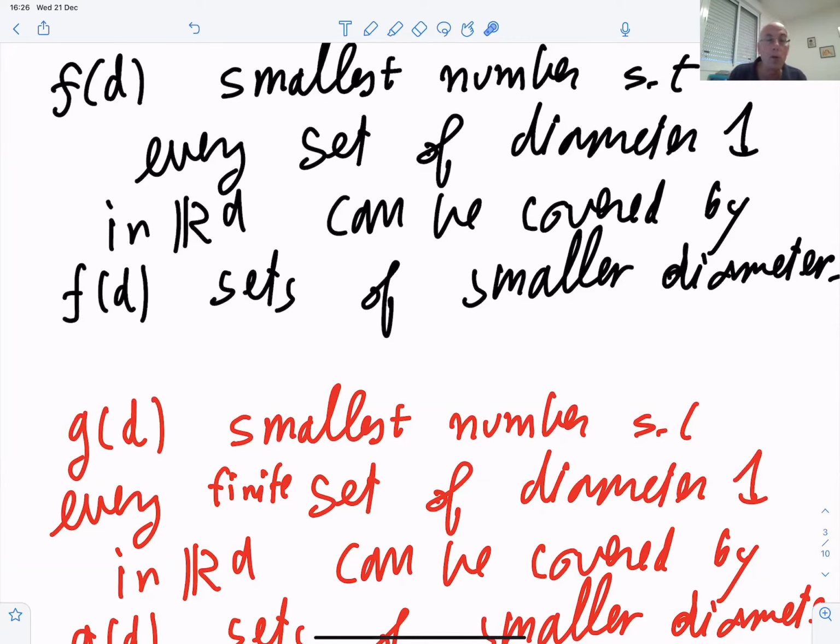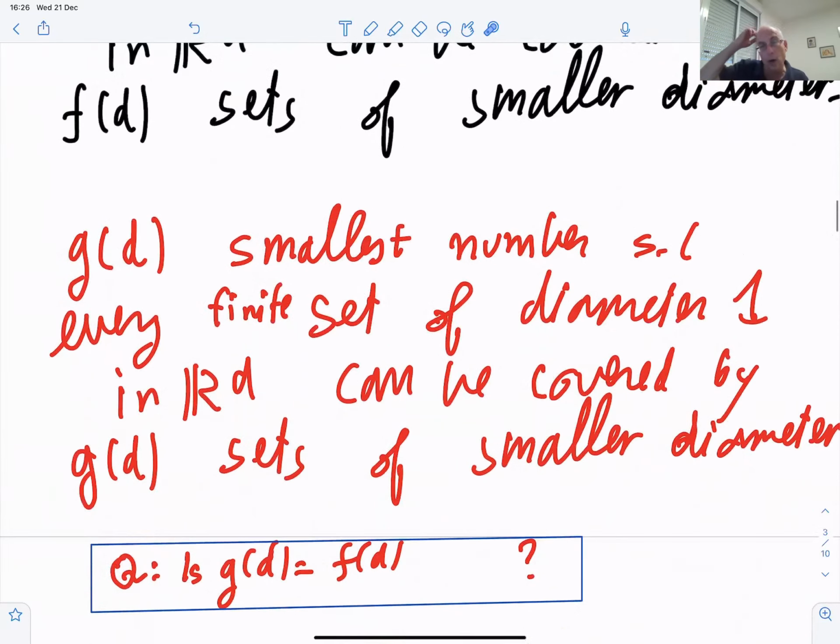But now there's another annoying question: is it the case that F of D is equal to G of D? Probably it's not correct. I don't see any reason that in high dimension these two functions are the same, except that from time to time when I ask this question, people come with convincing proofs that you can make a reduction to the finite case, except that when you check these proofs carefully, they are no longer convincing.